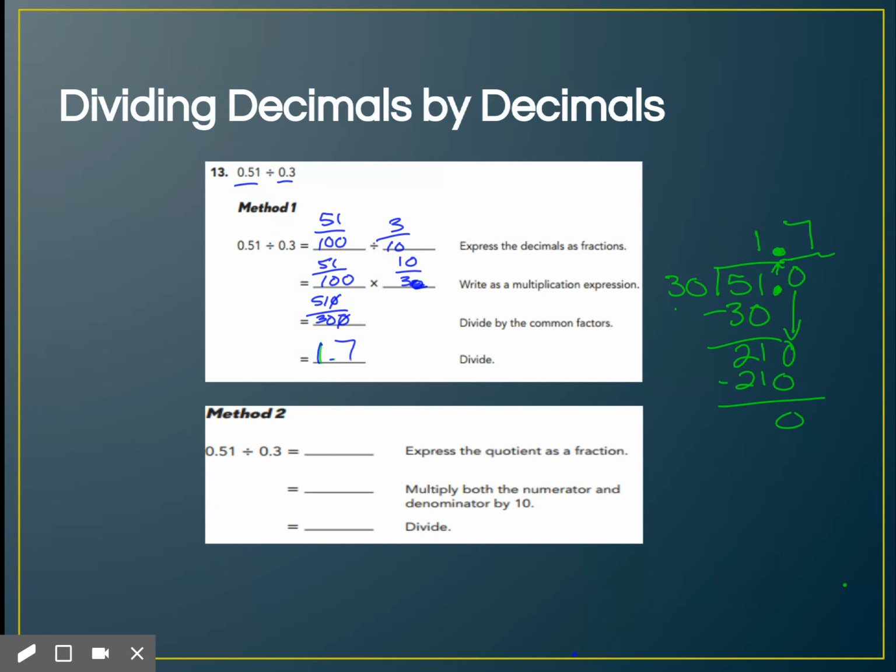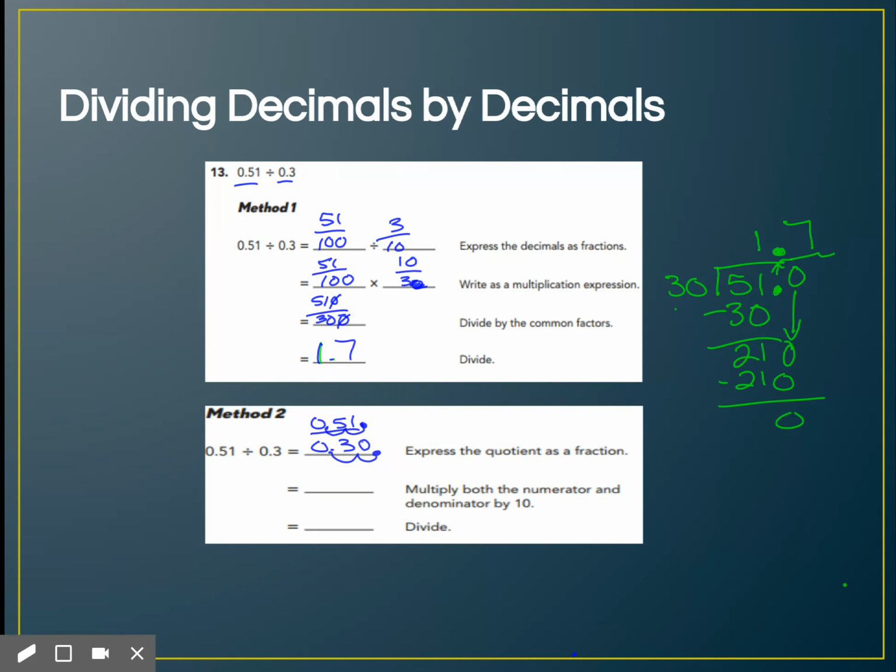So if I would have done it the way of method 2, I'd have 0.51 over 0.3. Again, I'm going to move my decimal here 2 times. And on the bottom, I have to move it 2 times as well. 1, 2. Well, I have this empty spot here, so I'm going to fill it in with that 0.